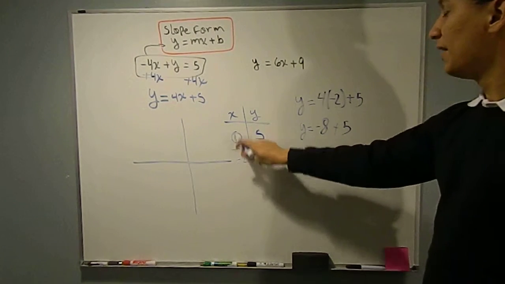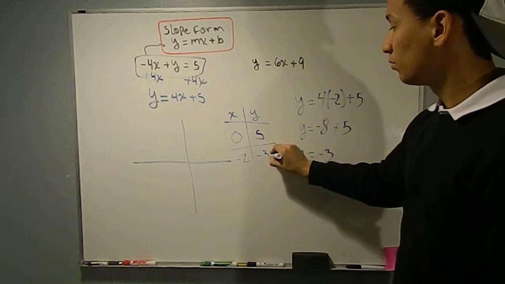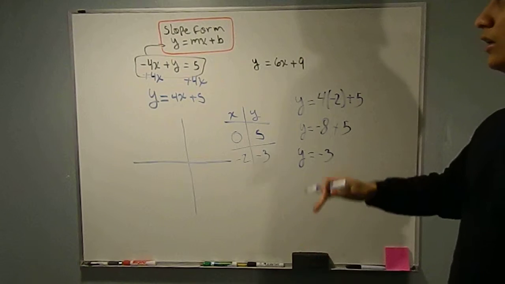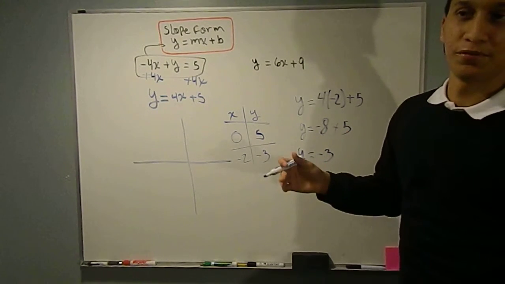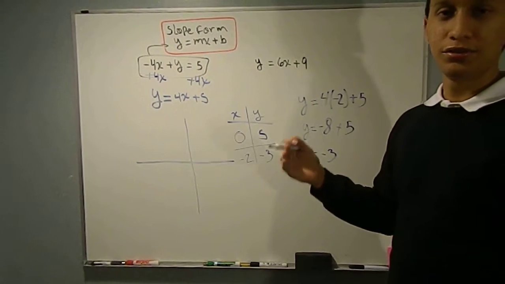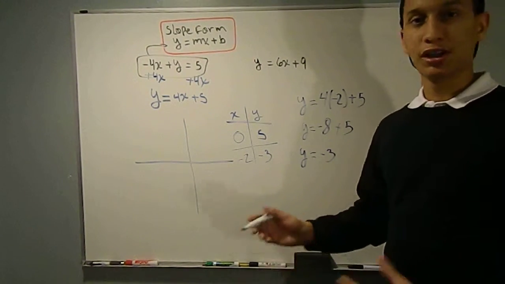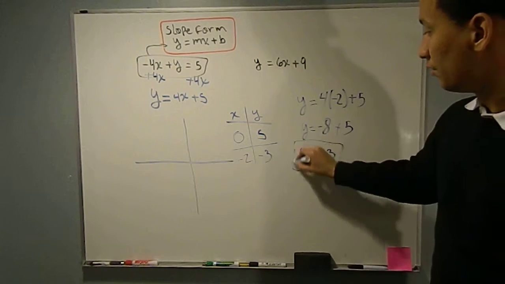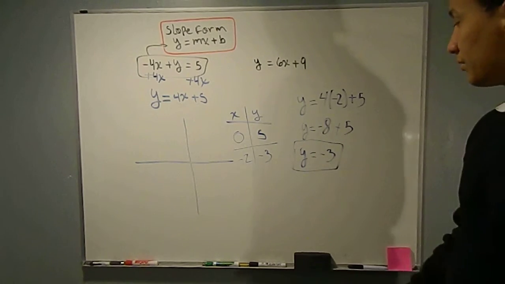So when x is -2, y is -3. Now I have 2 points, and with a linear equation, 2 points is enough. Sometimes a professor asks you to graph with 3 points, but honestly, it's going to be the same result. For our purposes, we're only going to use 2 points.